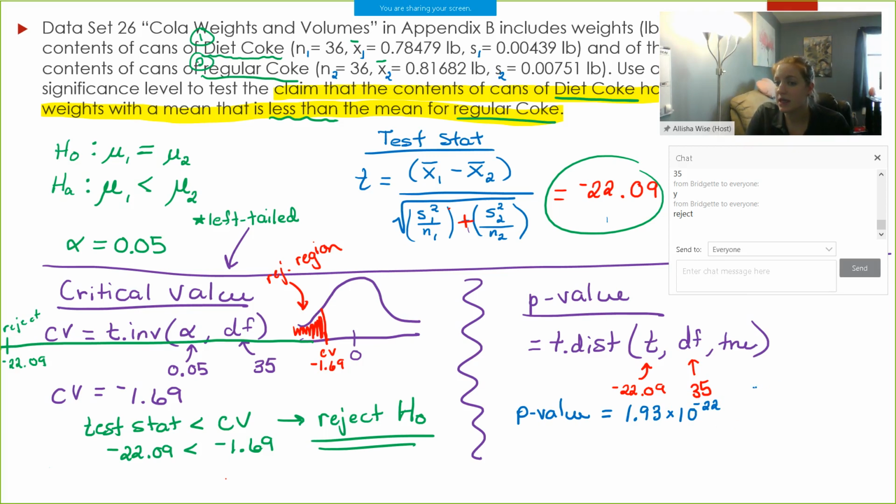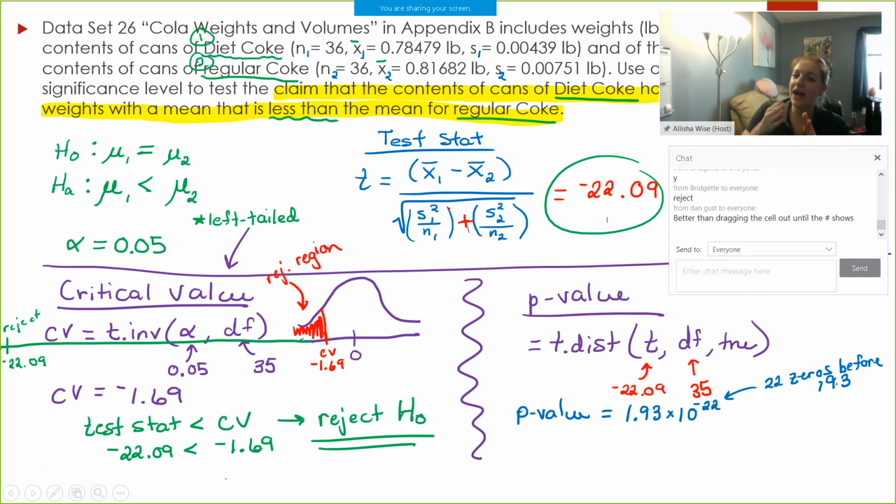There's basically 22 zeros before the 1.93. And Dan, you're absolutely right, you could expand that cell really, really wide, but you have to expand it really wide. There's not enough room on the screen for that, right? Yeah, exactly, Dan. You got it.